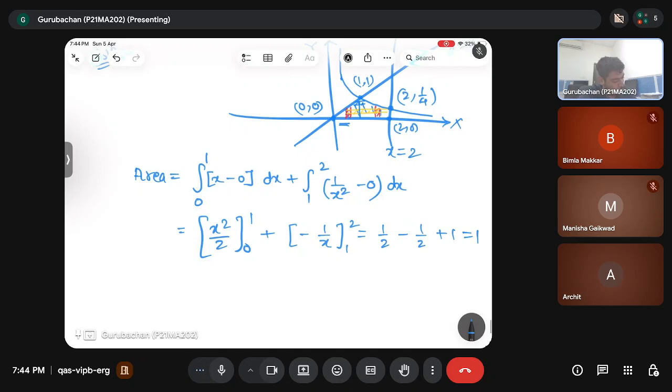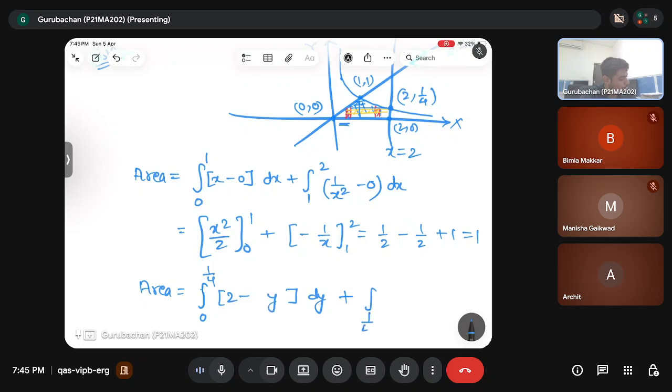From here you will get 1 by 2 minus 1 by 2 plus 1, that will give you 1. When you take the area with respect to the y-axis, from 0 to 1 by 4, this is your 1 by 4, the upper curve is 2 and lower curve is y.